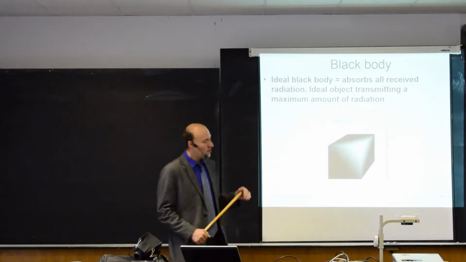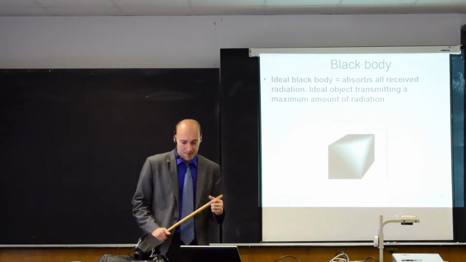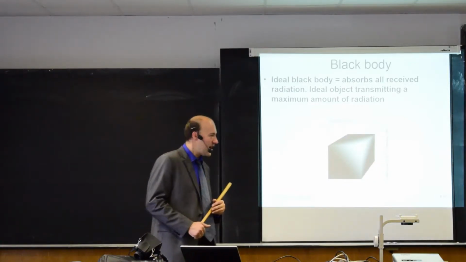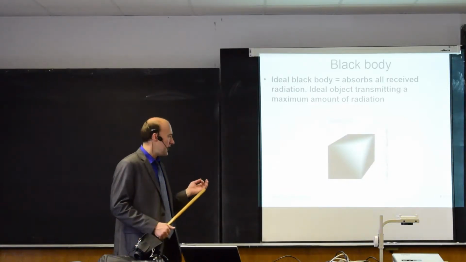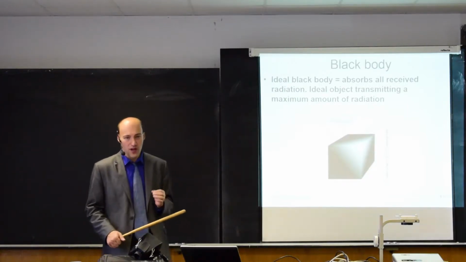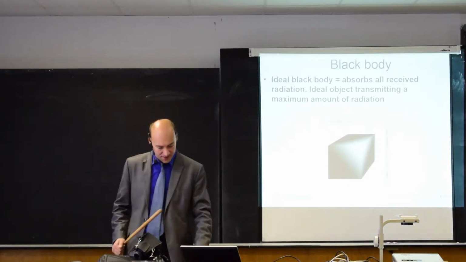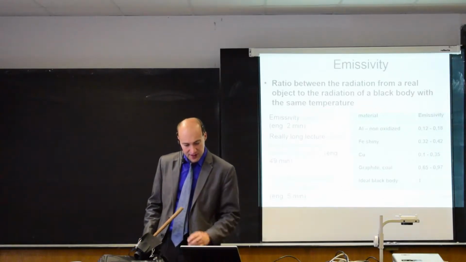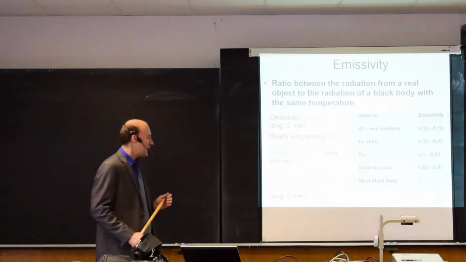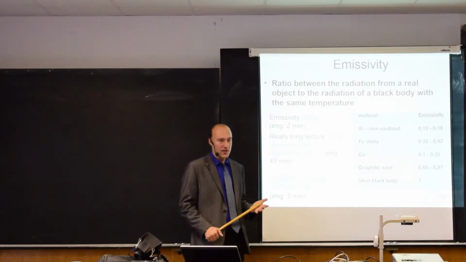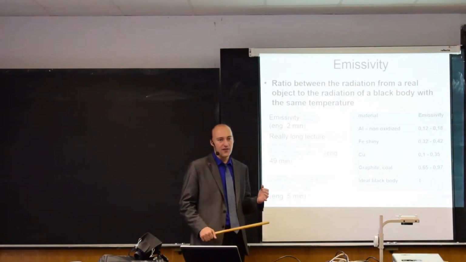And we will compare the black body behavior to the real object with something that is called emissivity. Here I have a table for you. It is saying what is the emissivity of given objects.